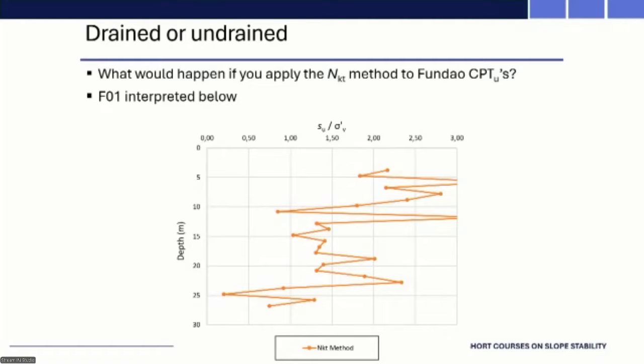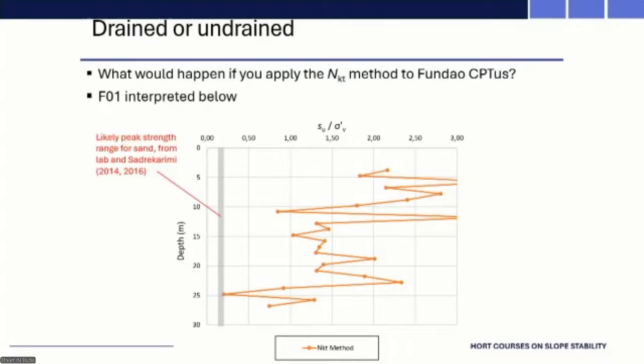But if you look at the likely range from laboratory work that was done at the time, but also more recently on Fundao material by Sandra Karimi and his colleagues, the undrained strength ratio is probably below about 0.2, 0.21 or something.